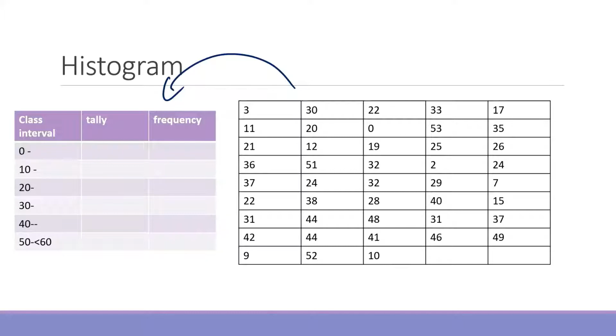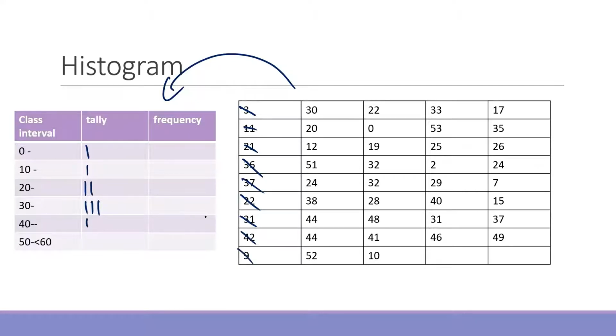Filling up a histogram, first we've got our class intervals. Our class intervals are from 0 to 10, 10 to 20, 20 to 30, 30 to 40, 40 to 50, 50 to 60. And then we've got all of this data, so we're going to put this data into our tally. I'm going to try and do this as quickly as possible, but you would just make your way down the list and add them to the list on the right as a tally point.